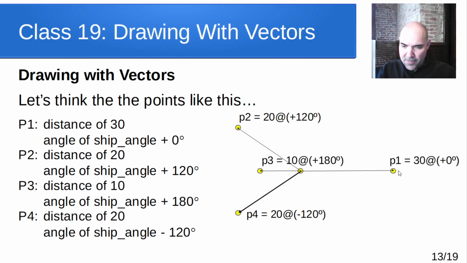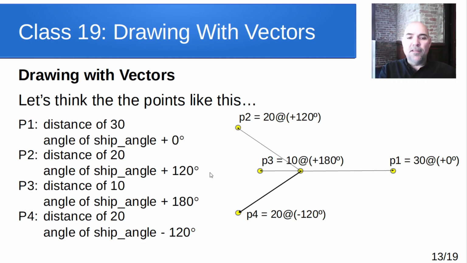In this case, the ship is facing directly to the right. That's 0. So this is along the same heading, so plus 0 degrees. This one is 20 pixels long at 120 degrees. This one is 10 pixels long at 180 degrees. This one is 20 pixels long at minus 120 degrees.